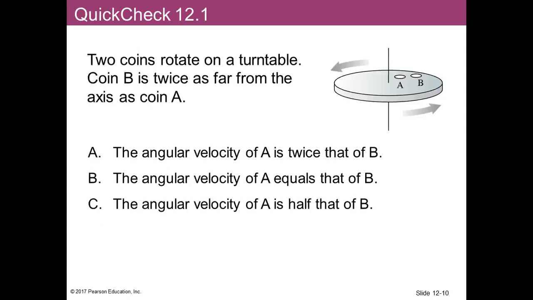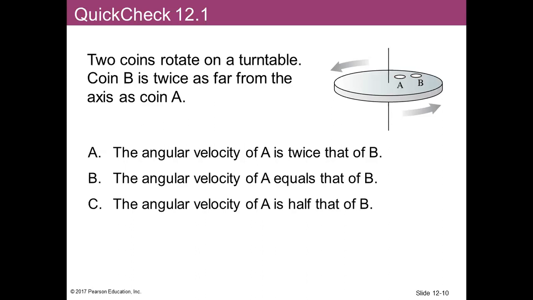Let's consider here the wheel that is rotating with 2 points A and B. So 2 coins rotate on a turntable. Coin B is twice as far from the axis as coin A. So let's consider here the correct answer.